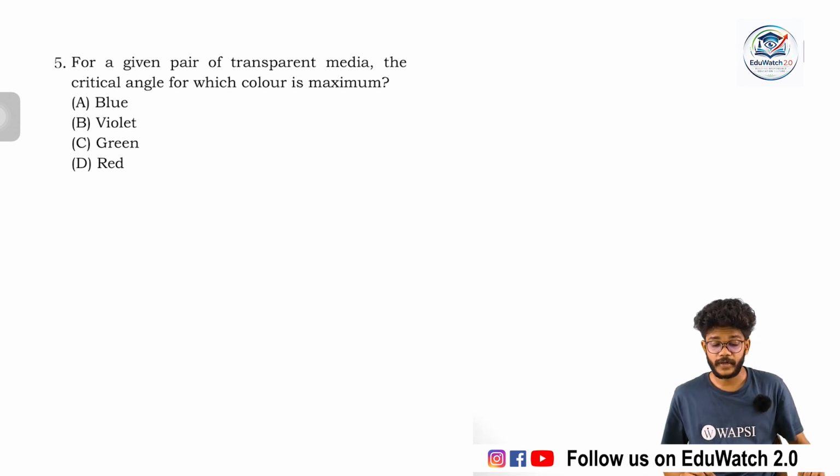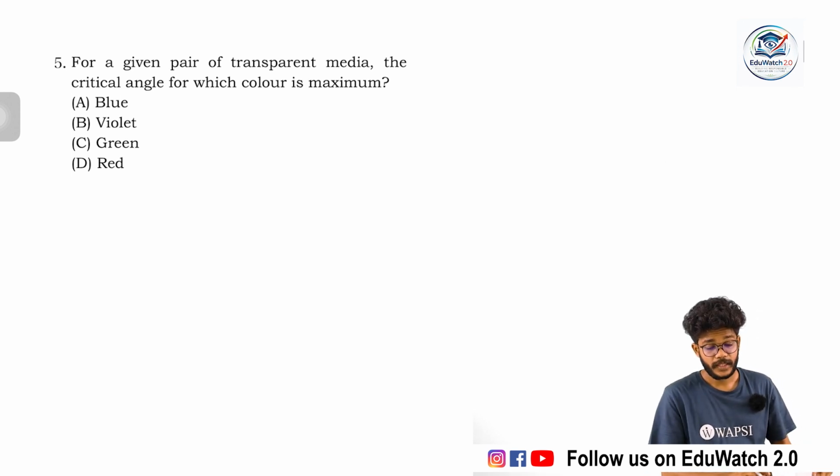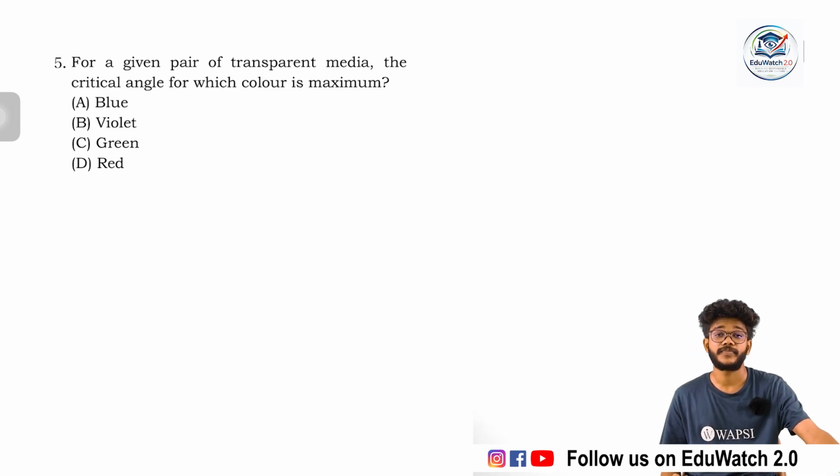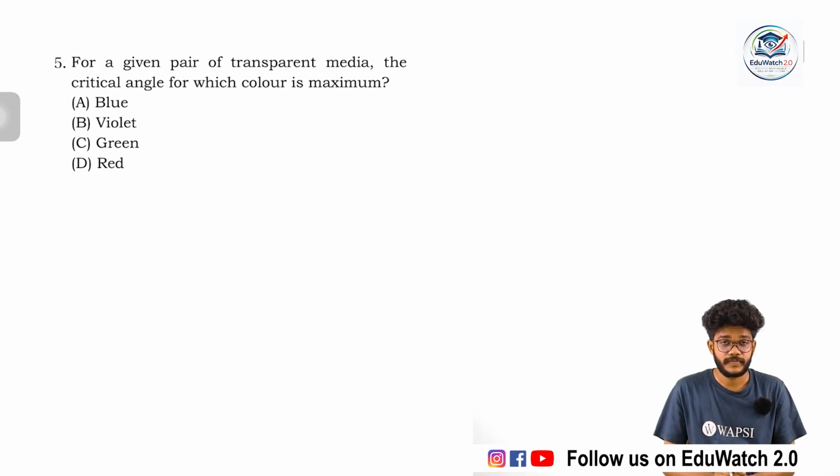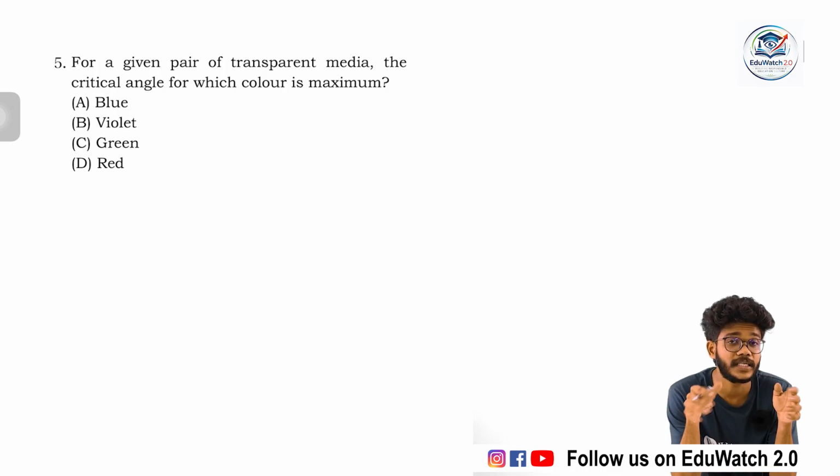For a given pair of transparent media, for which color is the critical angle maximum? They are asking about the critical angle, and it has to be connected with the wavelength lambda. So what is the relation between the critical angle theta and the wavelength?